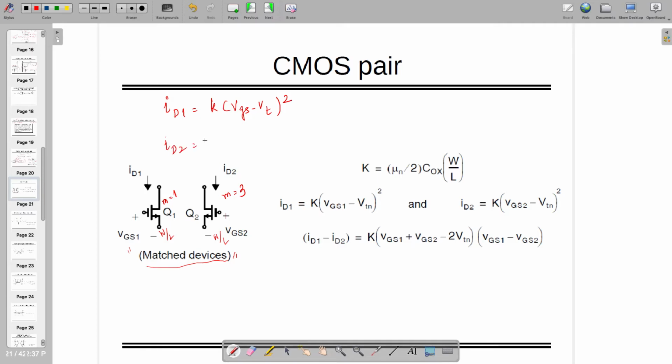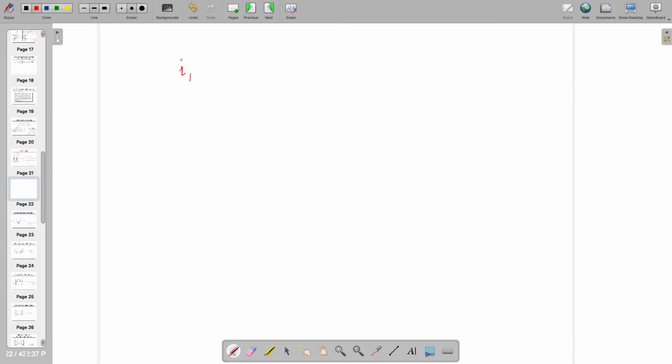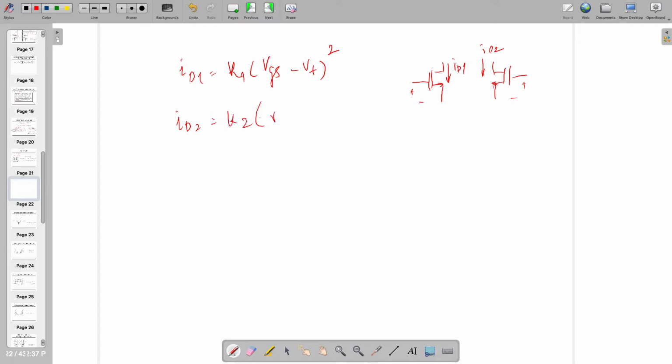Similarly, ID2 is equal to K times (VGS minus VT) squared, because they are matched, so it has to be the same.